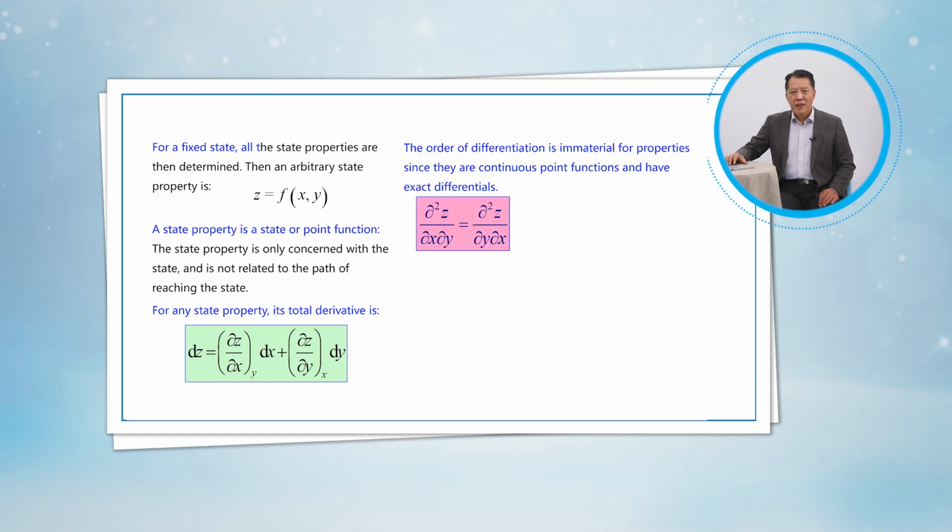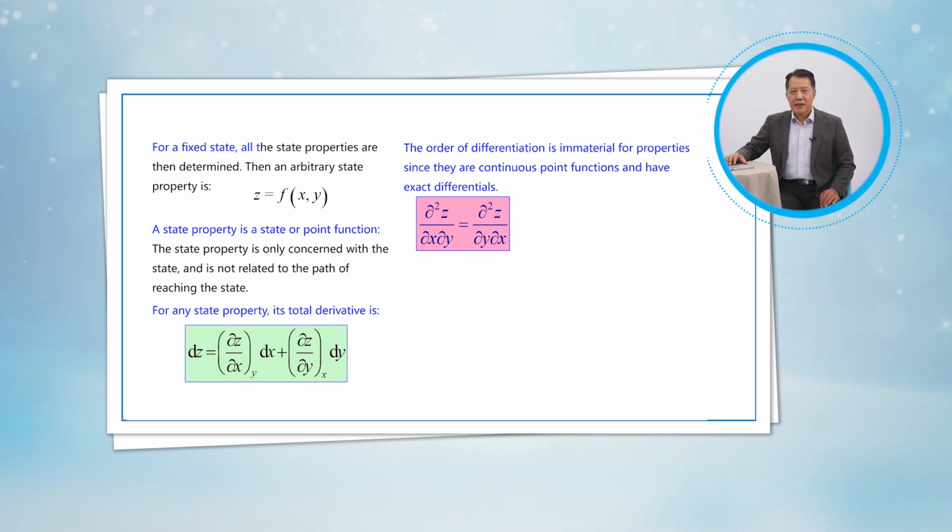This is an important relation for partial derivatives, and it is used in calculus to test whether a differential dz is exact or inexact.